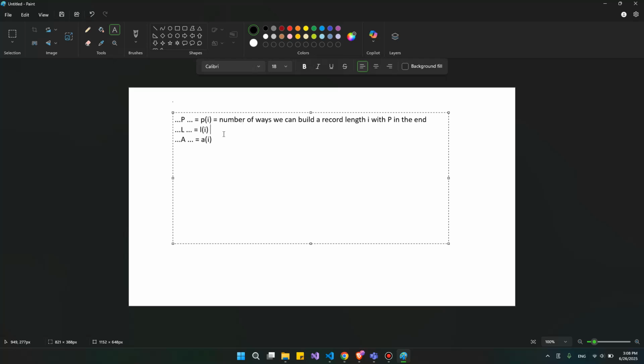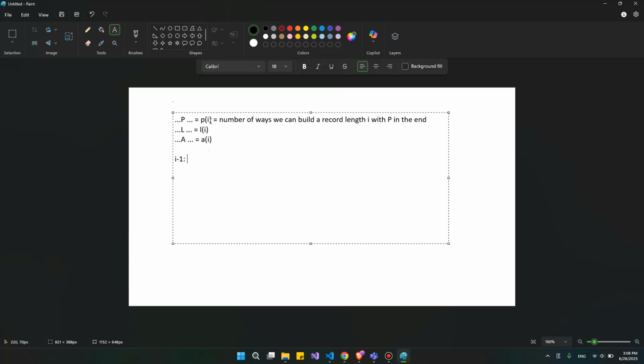Yes, similar for L in A. Okay, so we have to find a general way to find every P I in my record. When we are at position I minus one, we also have three steps.